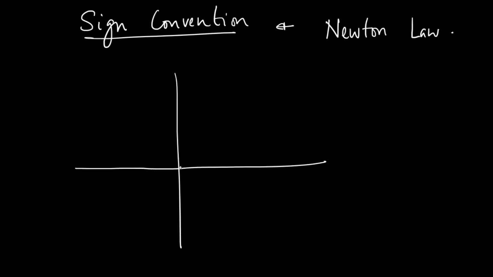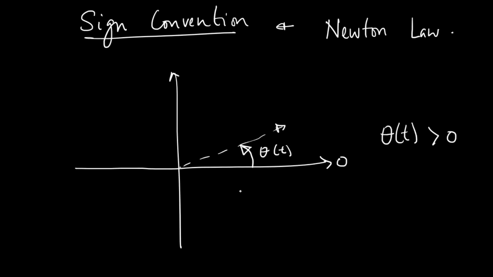So if you take some starting point as the origin, and I'm talking about rotation now, and you measure anti-clockwise, so theta anti-clockwise, by convention, if you go in the anti-clockwise direction, then theta is positive, and if you go in the clockwise direction, then you say that theta is negative.